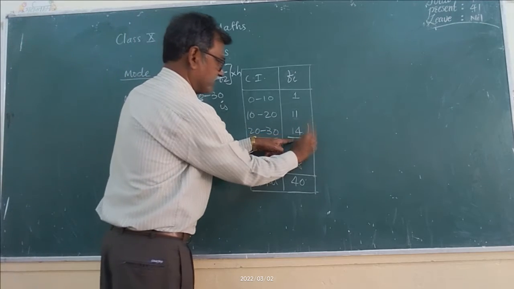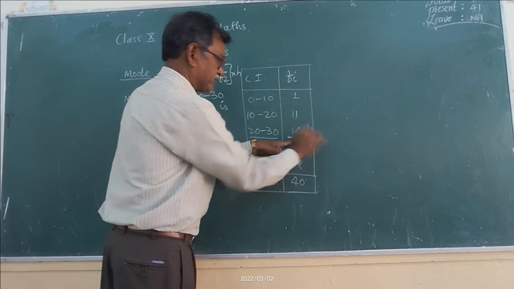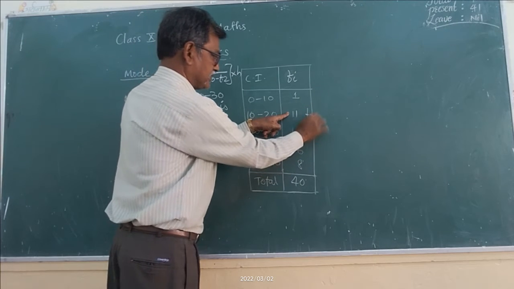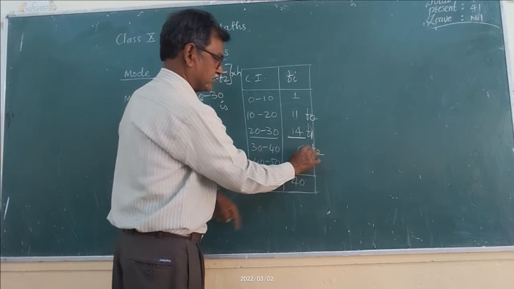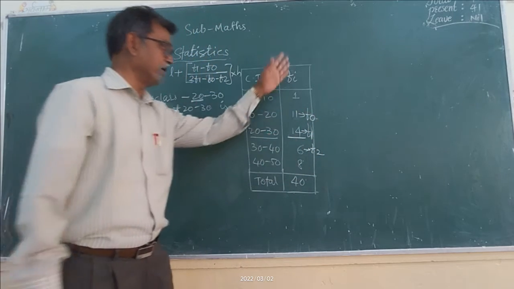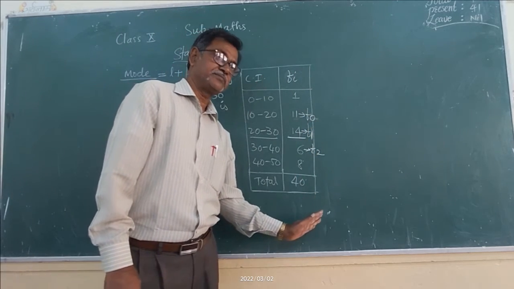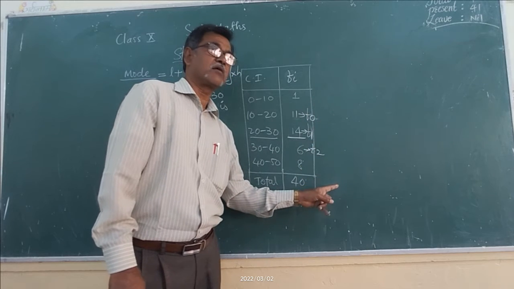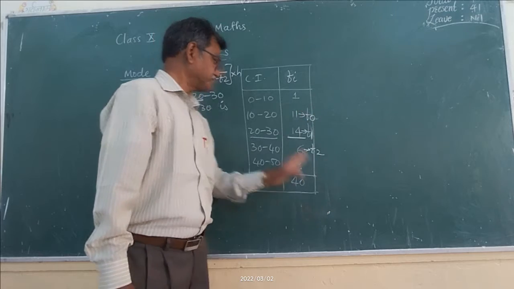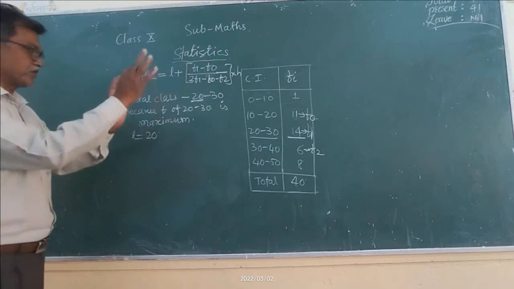Then this will be F1. This is F0. And this value is F2. So this value we have written of the frequency, corresponding frequency. No need to go for midpoint. No need to go for third point. Is that clear? Yes.